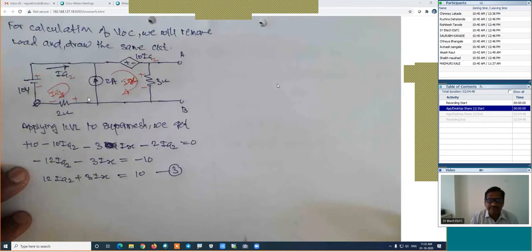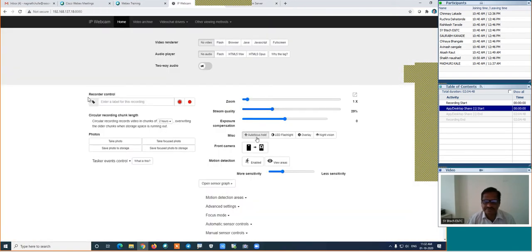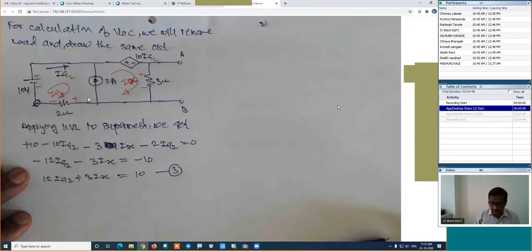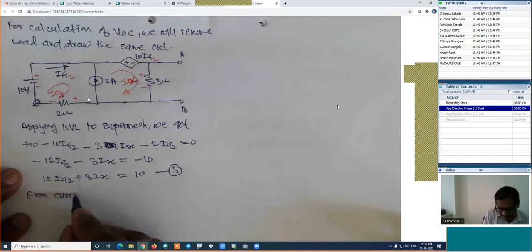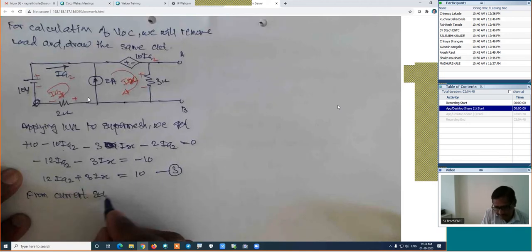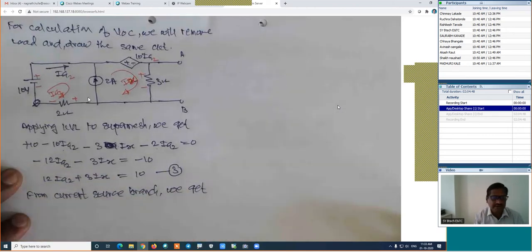Now we will find out another equation. We need another equation. How will be the next equation? We will get it from the current source branch. What we will get from the current source branch?